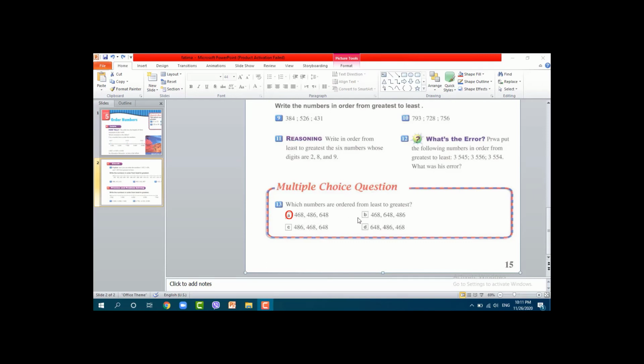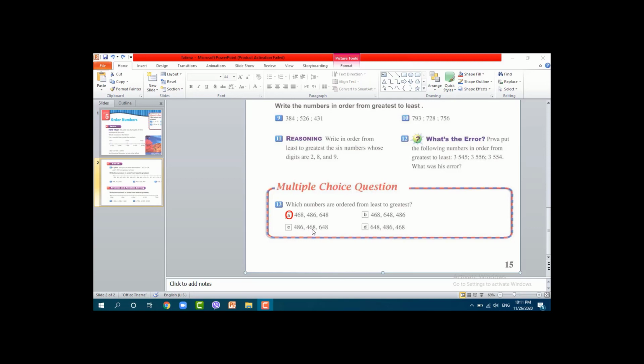In B, write 468. After that, write 648. It's not true because 600 is greater than 400. Then B is not true. Now we get to C. In C, write 486. After that, 468.